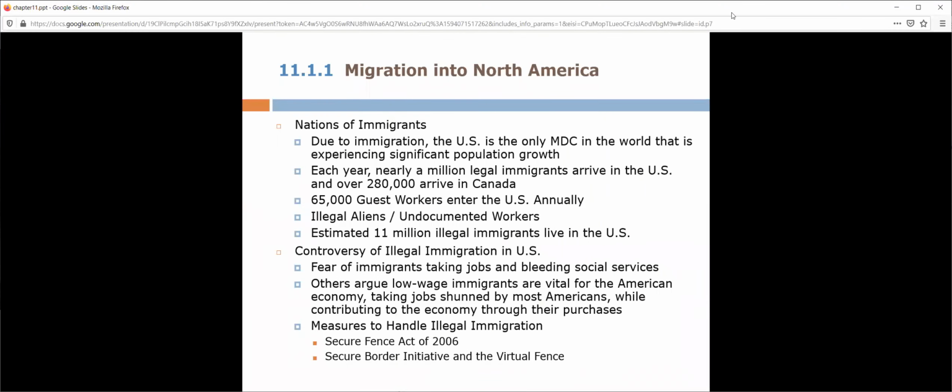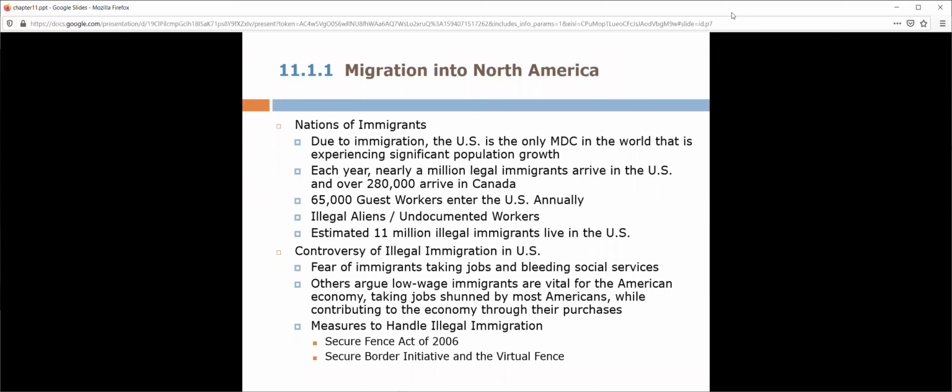You've heard the phrase before, America is a nation of immigrants. From here going forward, we're going to talk about these slides. We're talking about America, the United States of America, unless I explicitly say Canada or Greenland. So just make the assumption these are basically all US slides from here. North America is a nation of immigrants. The people that live in America, I'm sure you're not going to be very surprised to hear this, are not native to the land.